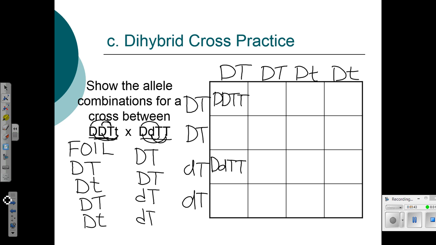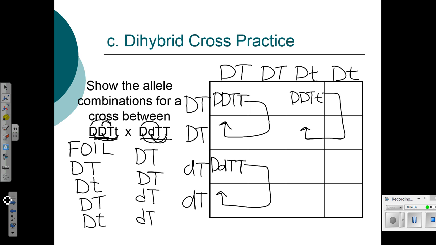Okay, if you notice there's a pattern here. So this top one here is going to be the same as the rest of them in this little quadrant. So you can just draw a little arrow around the quadrant. Same with this one, all the same. And the last one, all the same.